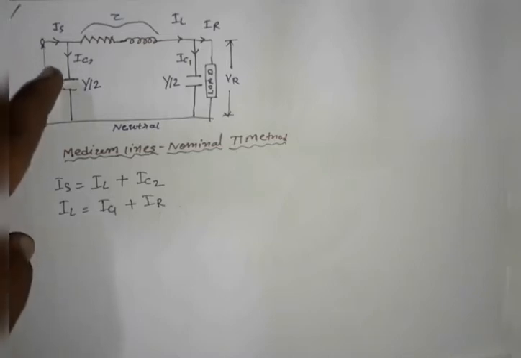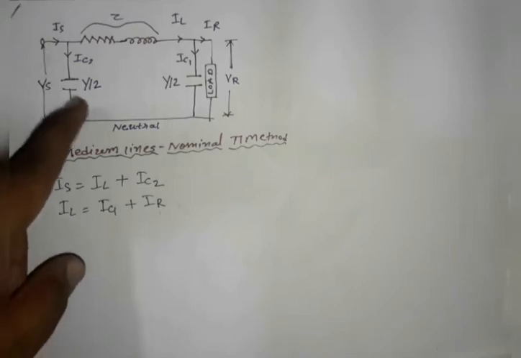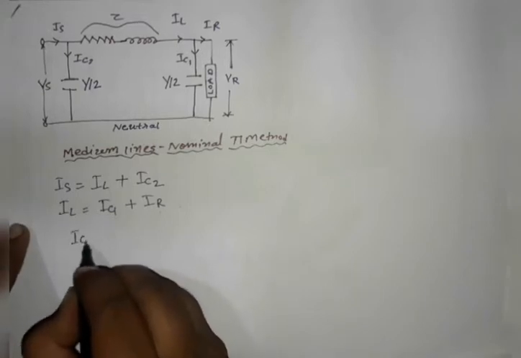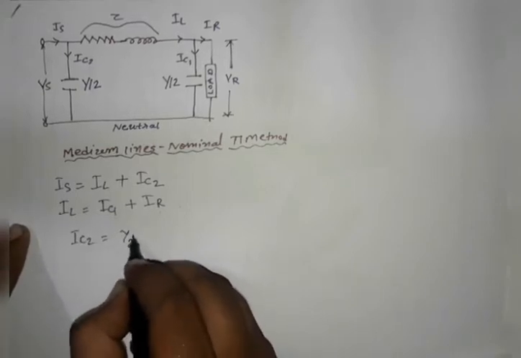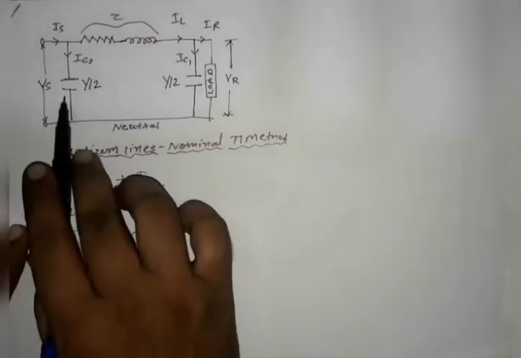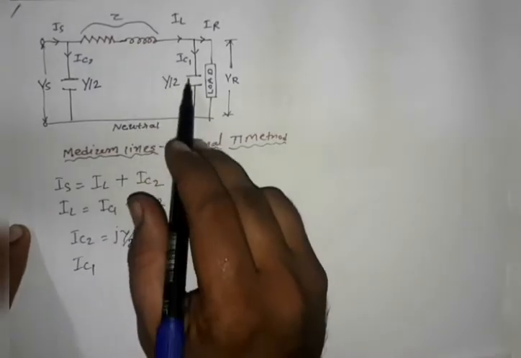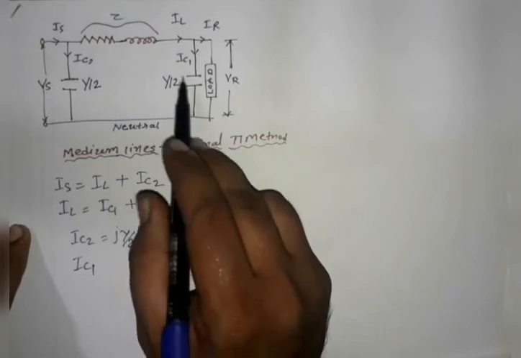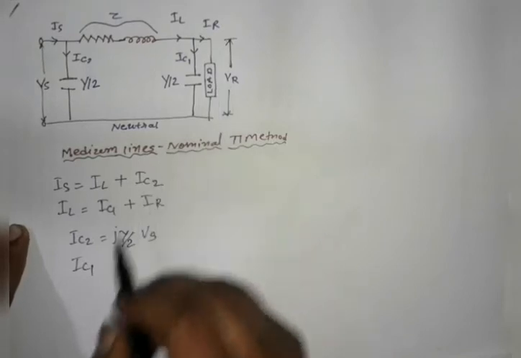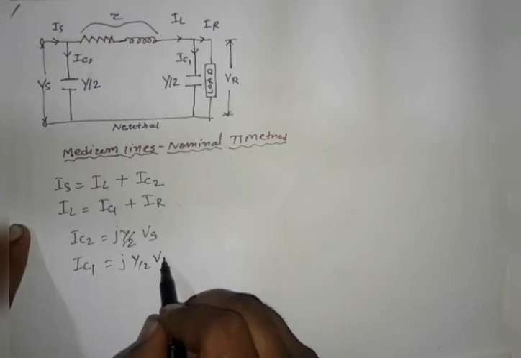Now the current IC2 flows in the capacitance, or admittance, Y by 2. So the value of the current IC2 is equal to Y by 2 into Vs. Now the capacitor current IC1 flows in the admittance at the receiving end, so the voltage is Vr and IC1 is equal to jY by 2 into Vr.